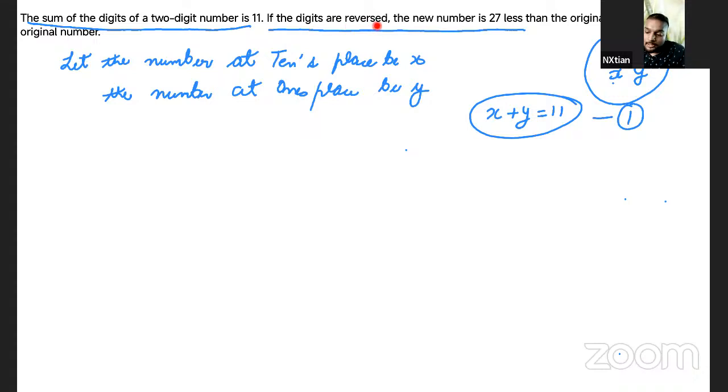Now it says that if the digits are reversed, the new number is 27 less than the original number. So first we have to find the original number.